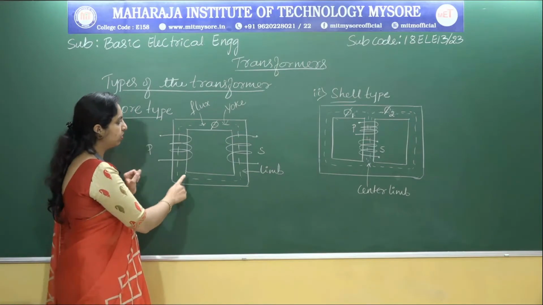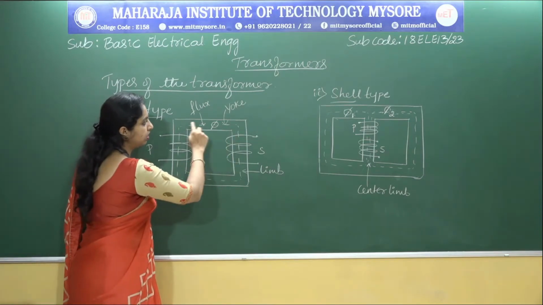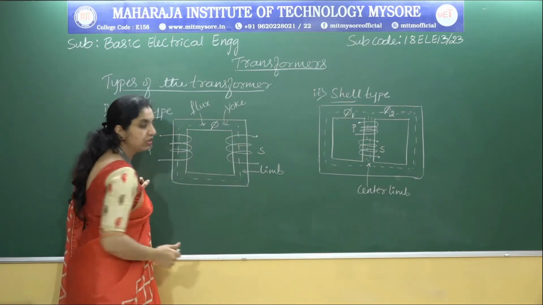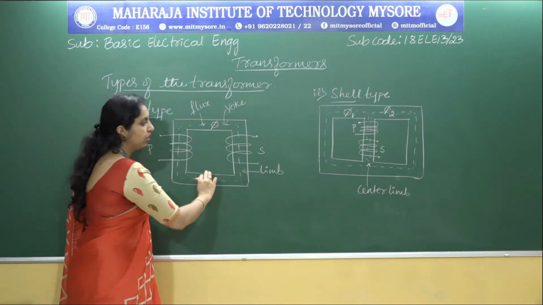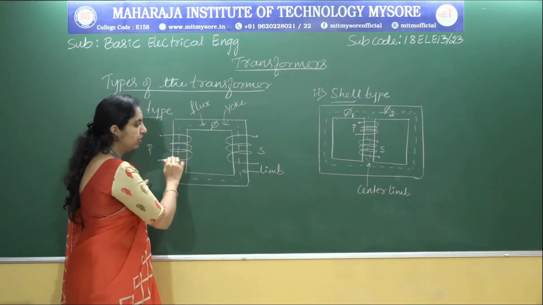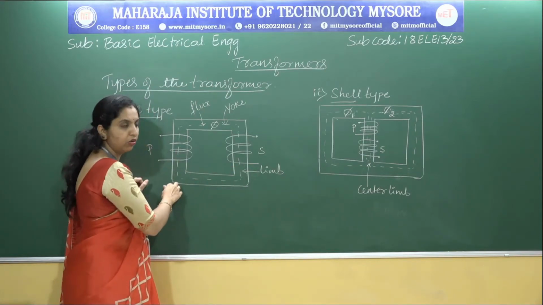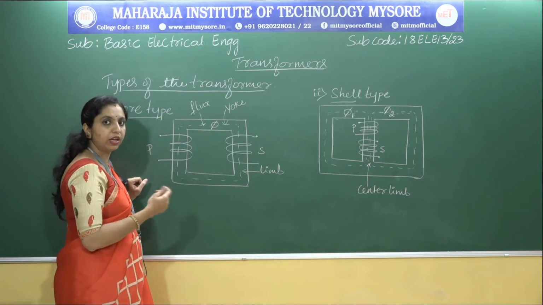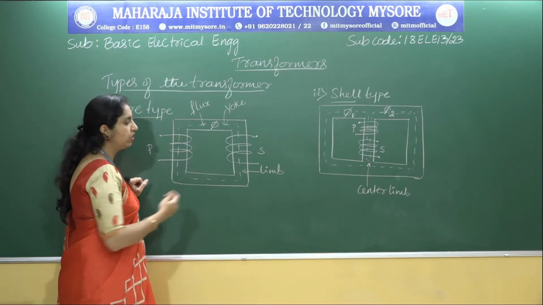In the core type, this is the horizontal portion, and the horizontal portion we call the yoke and the vertical portion we call the limb. So how can we make the difference between these two types?